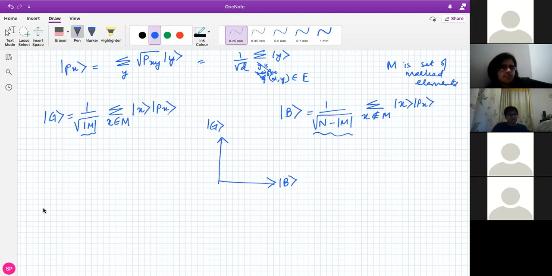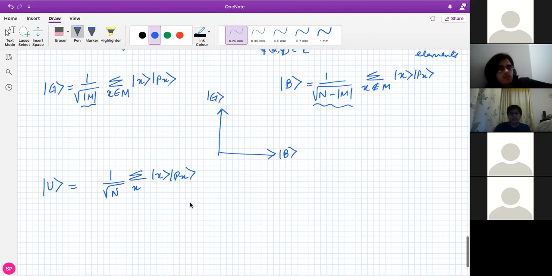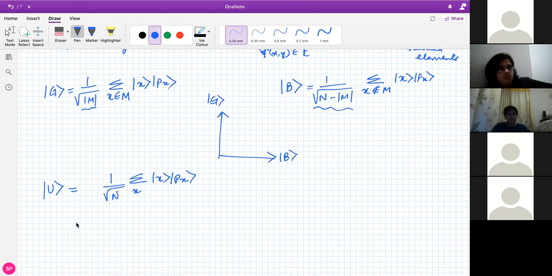Now we are going to take a state U, which is the uniform superposition of all the states. So we're going to say U is 1 over root N, over all vertices, this P of X. Now, clearly you can write U as 1 by root N, X belonging to M, X Px, plus 1 by root N, X not belonging to M, X Px, right?